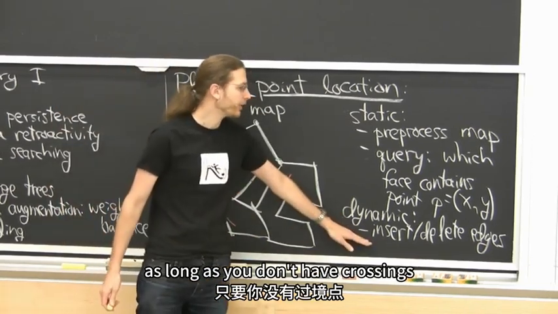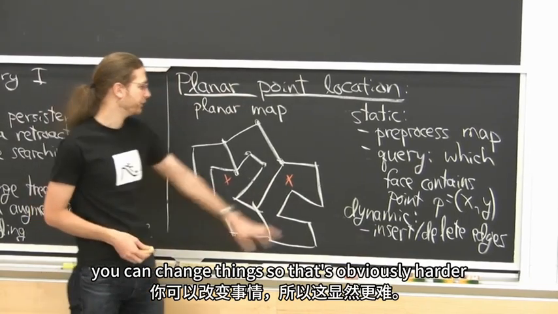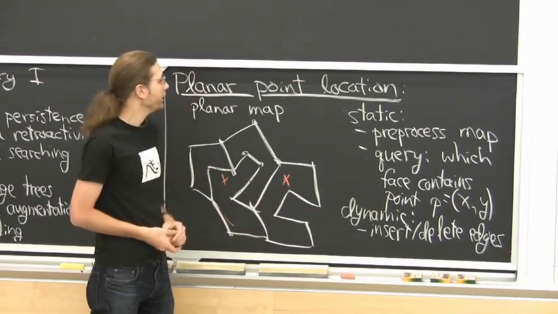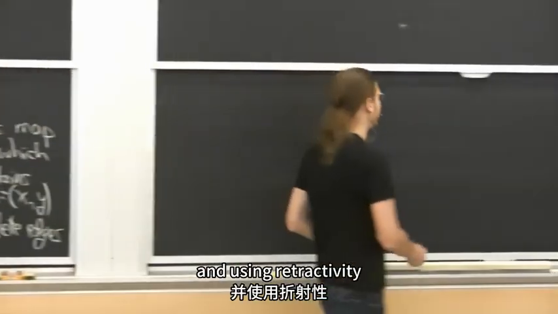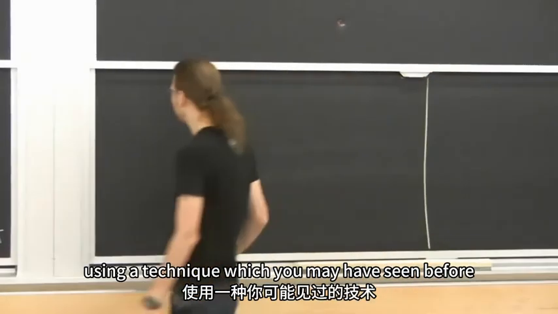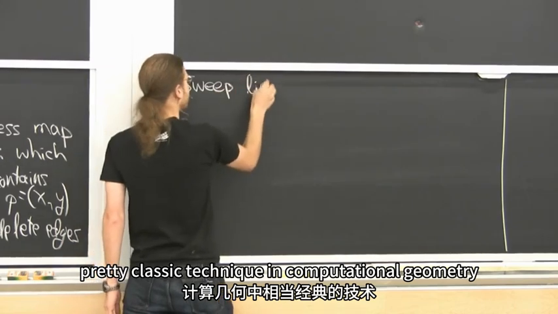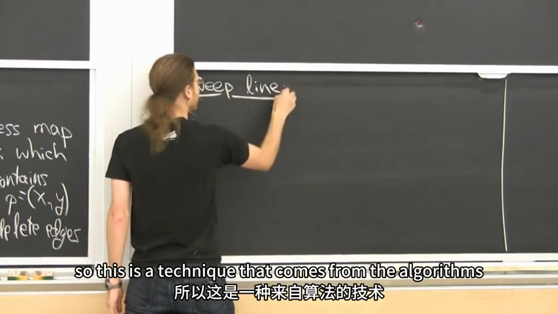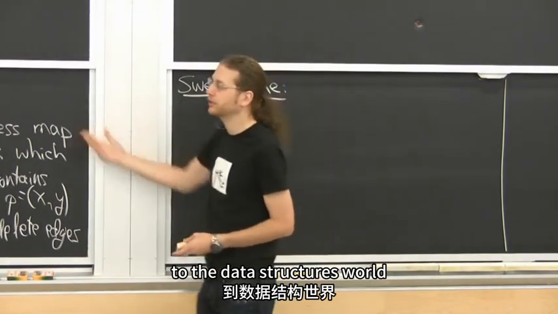As long as you don't have crossings introduced by inserting edges, you can change things. So that's obviously harder. And we can solve this problem using persistence and using retroactivity in a pretty simple way, using a technique which you may have seen before, a pretty classic technique in computational geometry. This is a technique that comes from the algorithms world, and we're going to apply it to the data structures world.